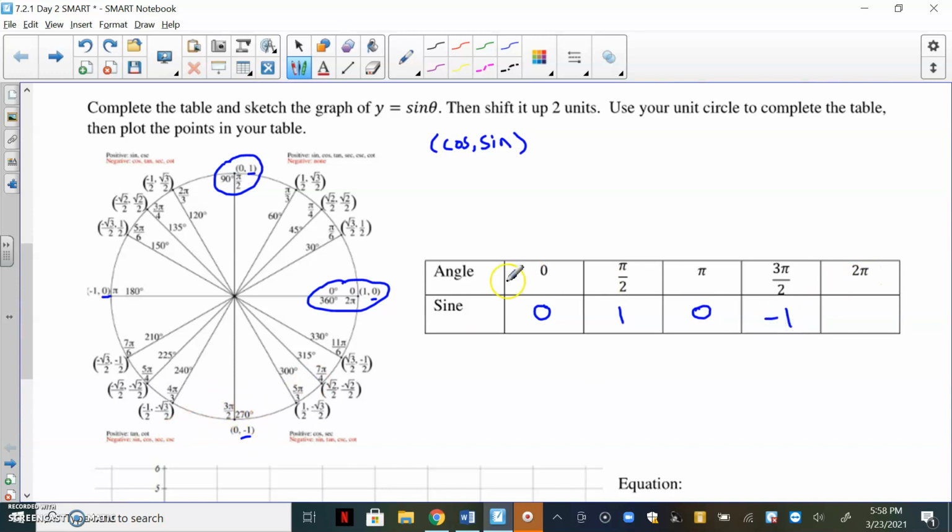And at 2 pi, we're back at the same spot as 0, so it's going to be the same. Right back at 0. So as you can see, these are very, very easy numbers to work with, unlike that ugly root 3 over 2, root 2 over 2 stuff. So these are the ones we stick to. And it's convenient because they're also our highest and lowest points and that kind of thing.